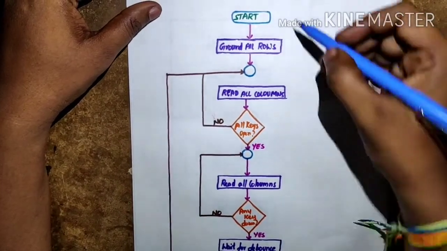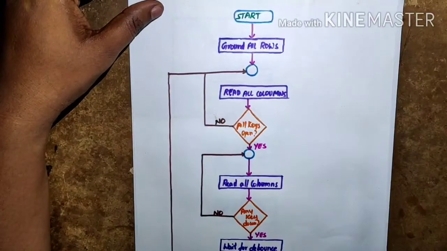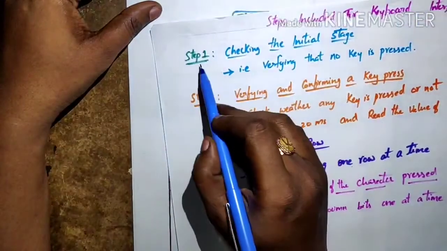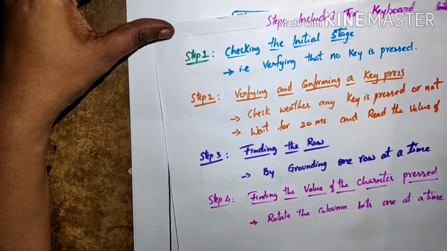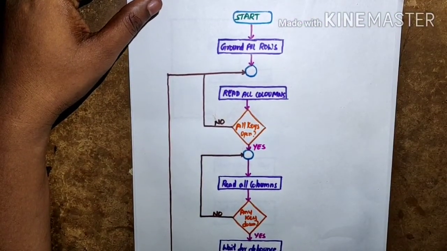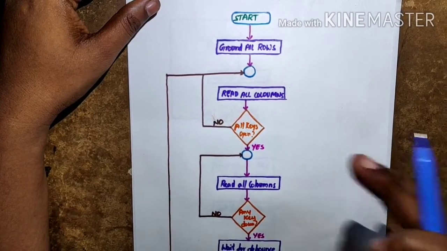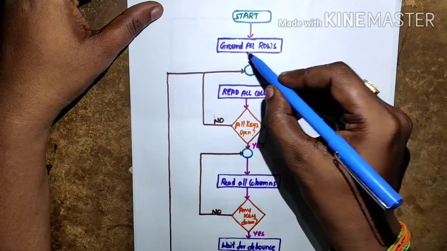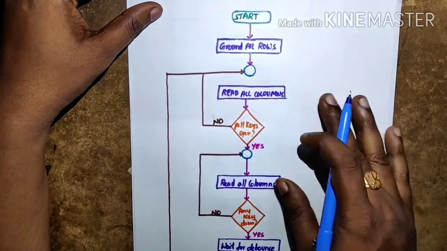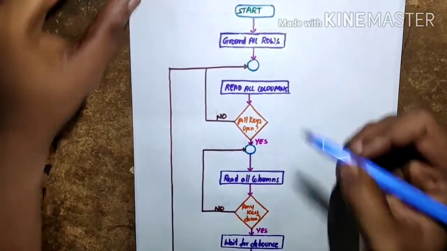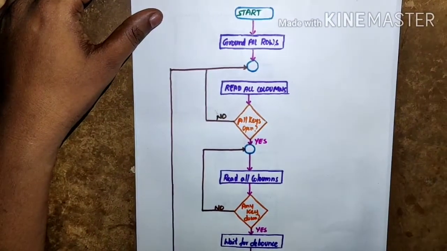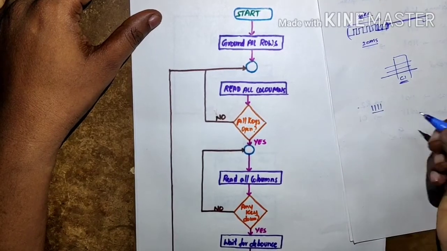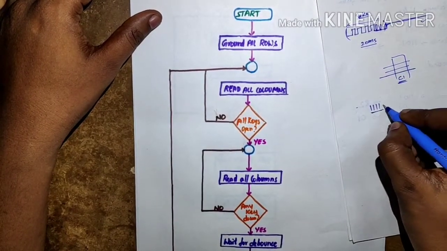Now we will start the process. As we previously discussed, step 1 is to check the initial stage. Initial stage means no key has been pressed. So we will start and ground all the rows. After that we will read all the columns. We are expecting all columns to be 1.